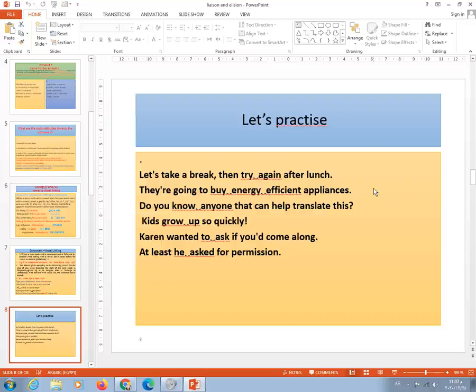They're going to buy energy efficient appliances. Do you know anyone that can help translate this? Kids grow up so quickly.